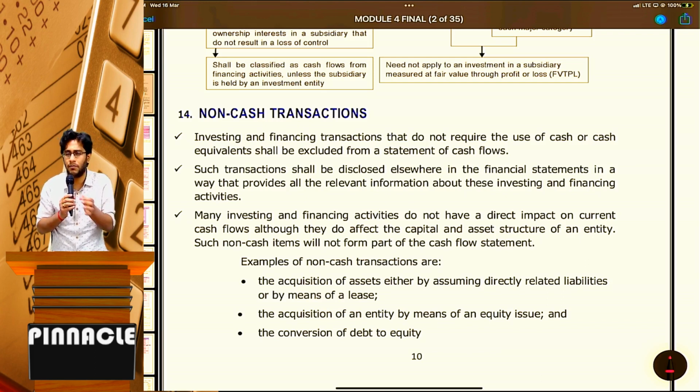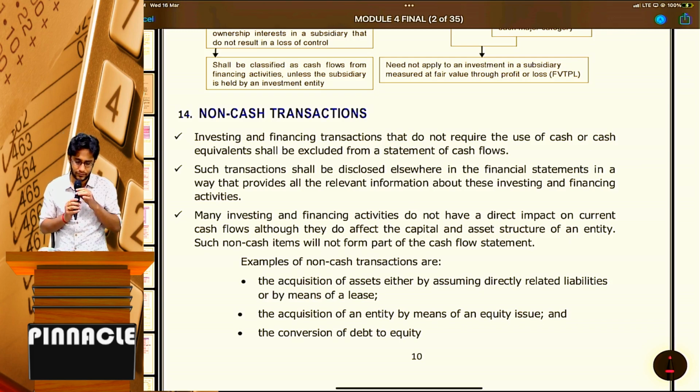So you need to give a proper financial statement linking and explaining everything. So if something is not reflected in cash flow because it's a non-cash item, it doesn't mean that we'll ignore it. You ignore it while doing a sum in the exam. But practically speaking, you have to give a disclosure for that.